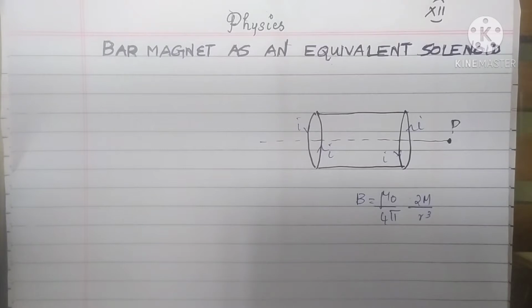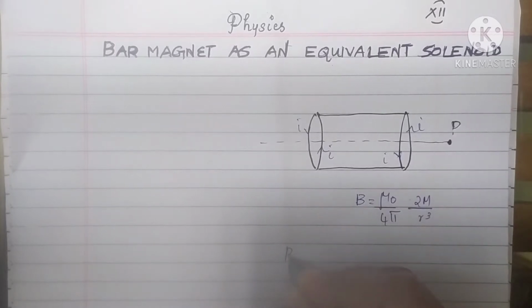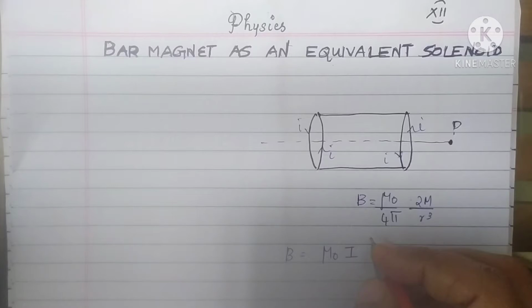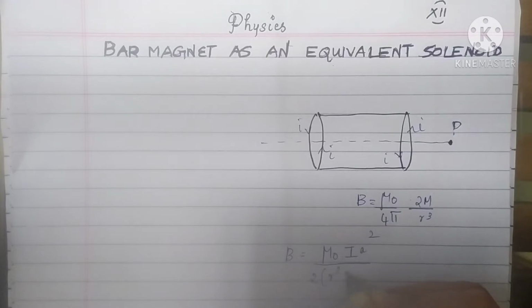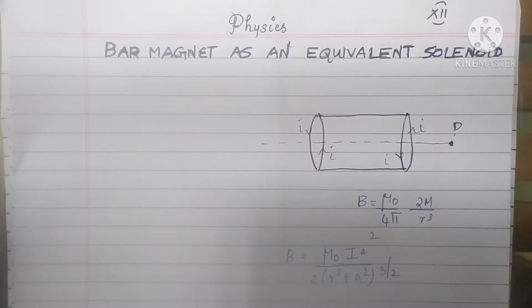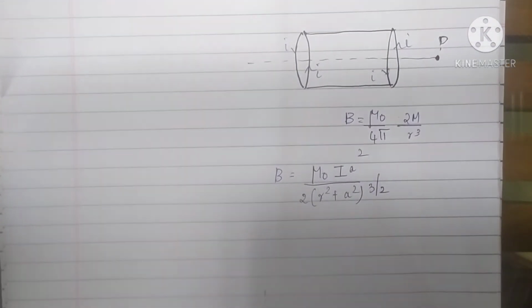And you have studied the expression for the magnetic field in a current carrying ring or a loop, like B is equal to, this is just a reminder for you, we have studied in the previous lesson, mu 0 I a squared by 2 into r square plus a square the whole raised to 3 by 2. Okay, if you have any doubt, you just check your previous videos.